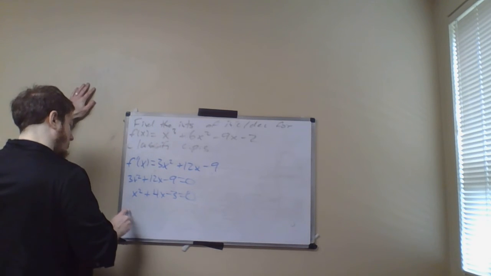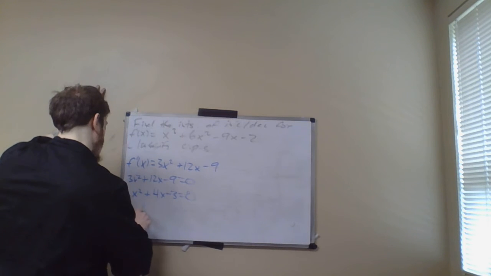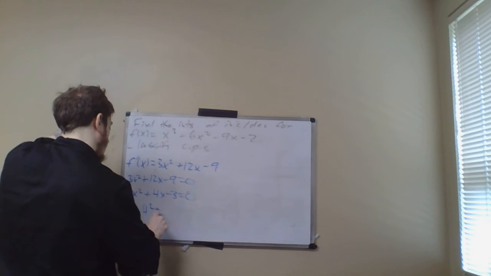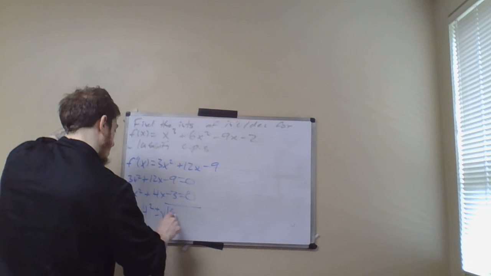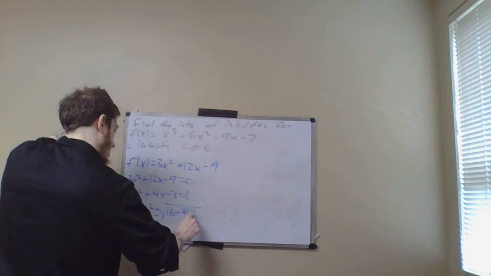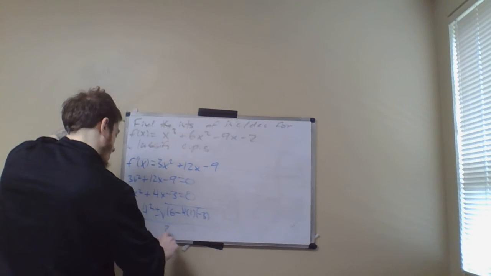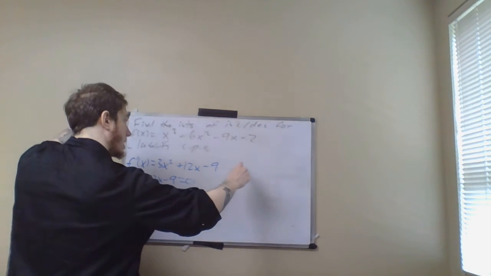So we're going to use the quadratic formula here and say x is going to be negative 4 plus or minus the square root of 16 minus 4 times 1 times negative 3, divided by 2 times 1.